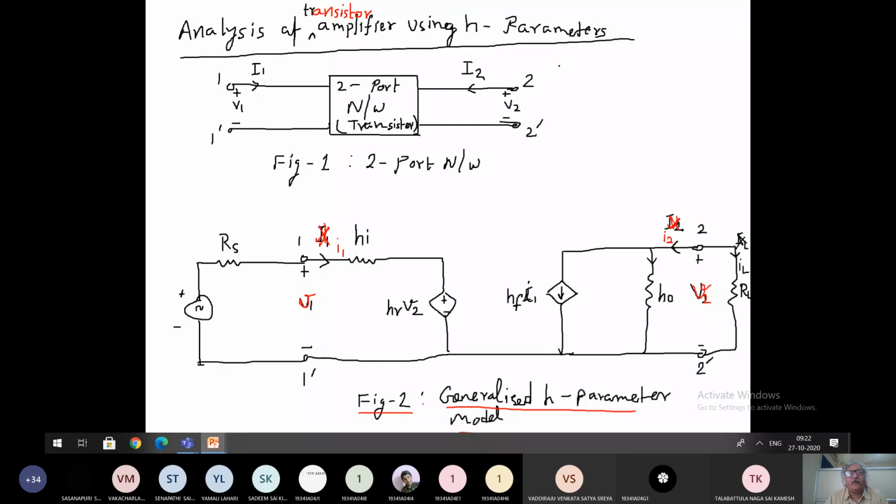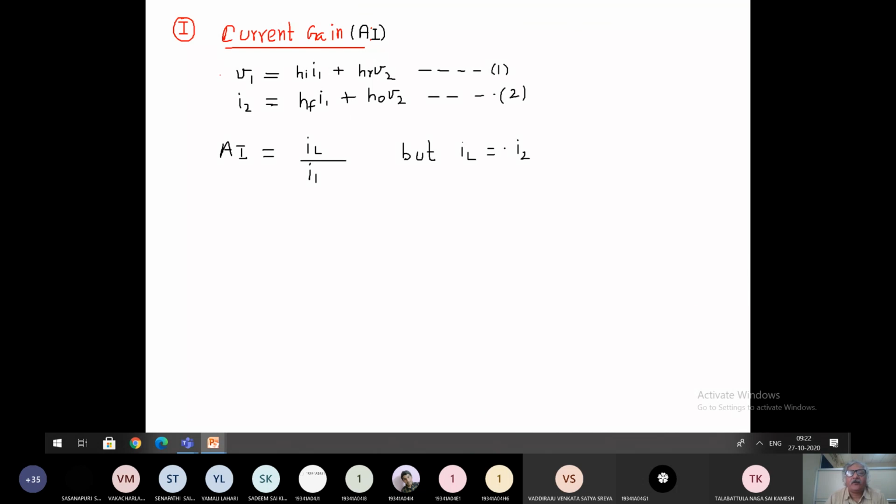And if you write IL, then you have to write minus I2 basically. So since IL and I2 are the same, only the direction differs, IL is equal to minus I2, right? Therefore, the current gain equation AI will become minus I2 by I1, right? I will give this equation number 3.